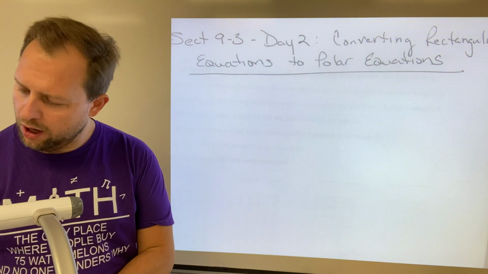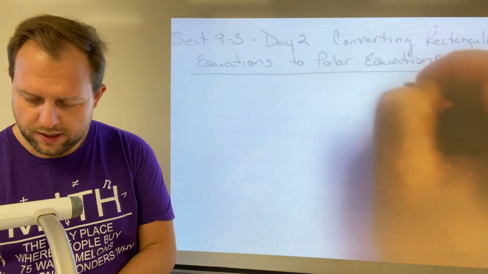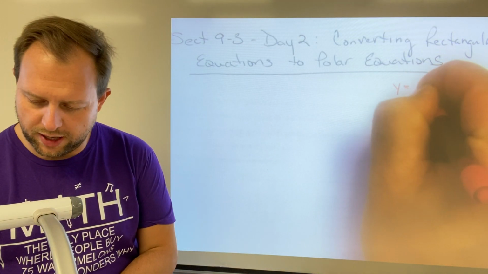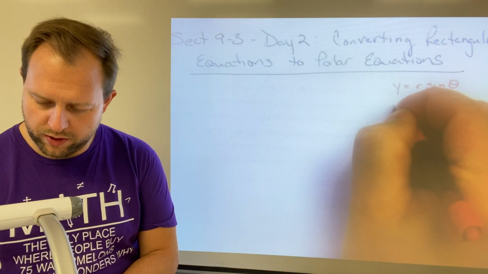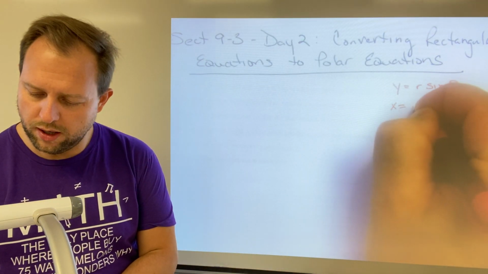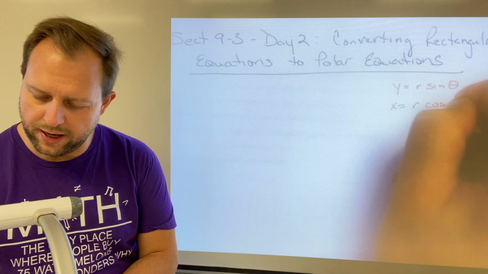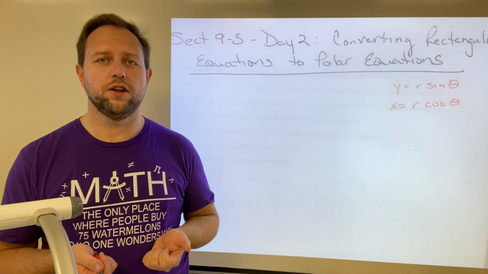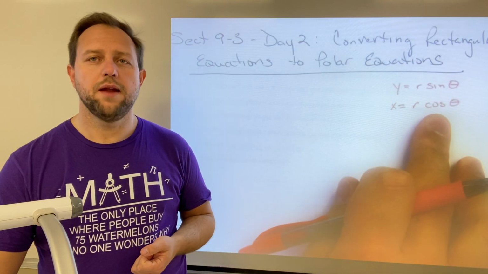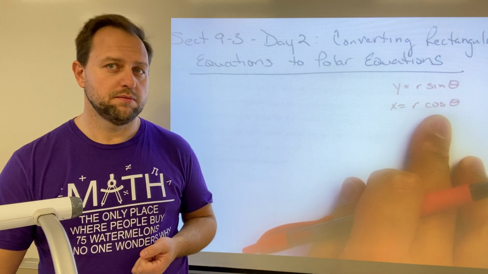Okay, we know from our last lesson that y is equal to r sine theta, and we also know that x is equal to r cosine theta. And so we're going to be taking our rectangular equation and plugging in for y and x. Okay?